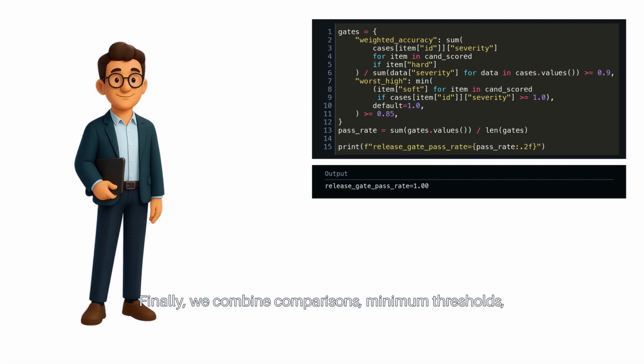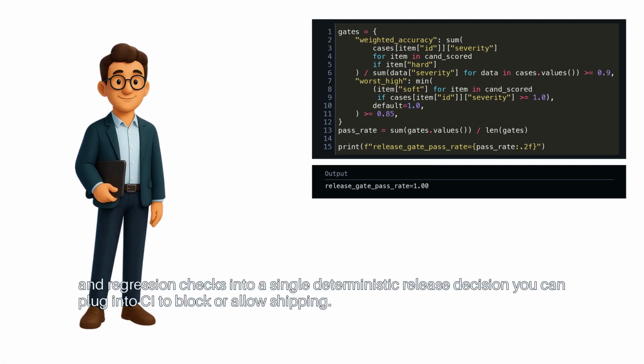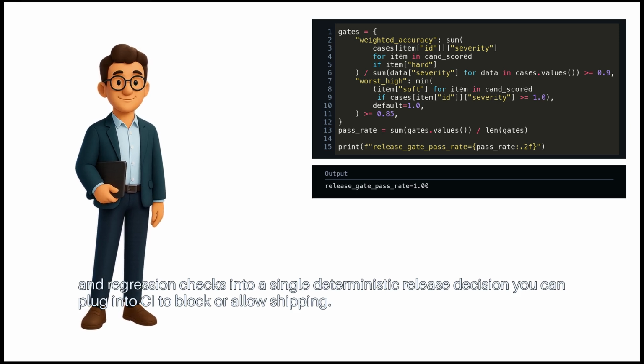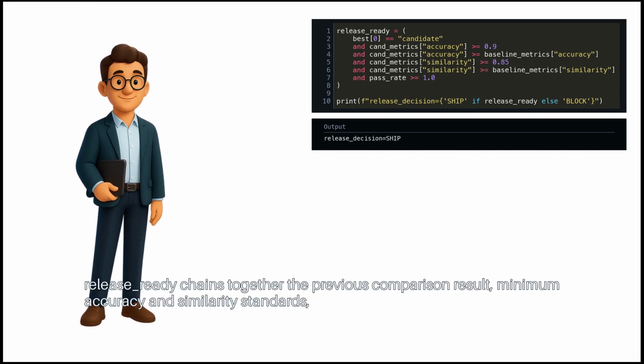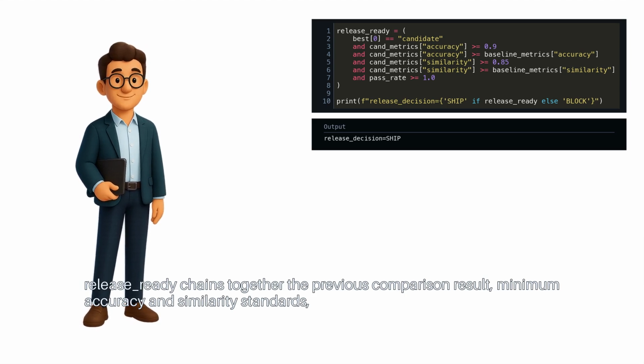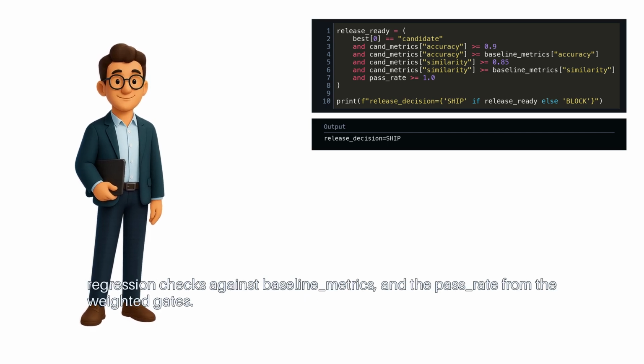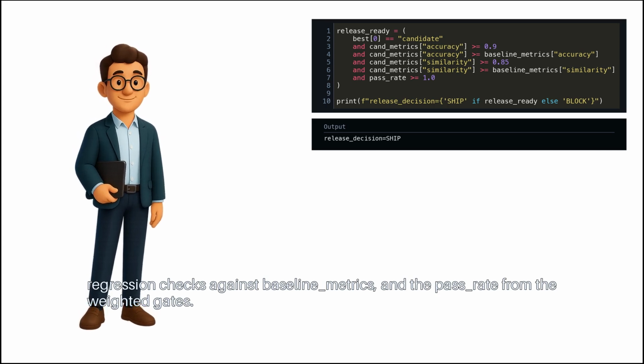Finally, we combine comparisons, minimum thresholds, and regression checks into a single deterministic release decision. You can plug it into CI to block or allow shipping. This example rolls metrics, thresholds, and gate output into a single release decision. Release ready chains together the previous comparison result, minimum accuracy and similarity standards, regression checks against baseline metrics, and the pass rate from the weighted gates.